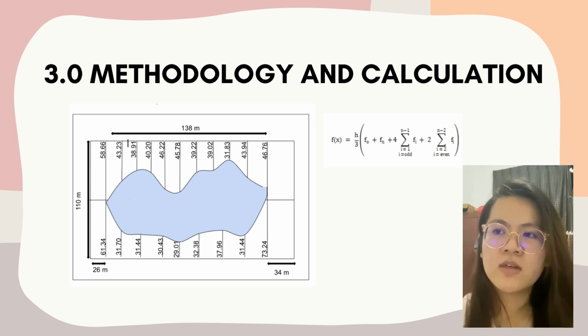Or we can use the other formula of Simpson's 1/3 rule, which is F(x) equals h/3 times areas A1, A2, and A3.